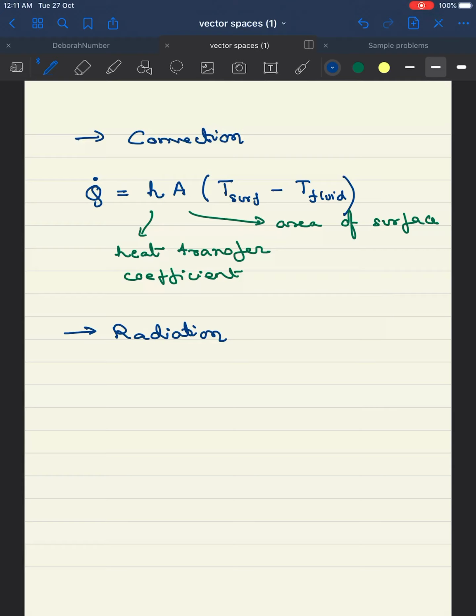In this case there are different laws, but the Stefan-Boltzmann law says that the Q emitted by a body is given as epsilon sigma A T to the power 4, A again being the surface area. So this Q dot again is the rate at which heat is emitted from the surface.